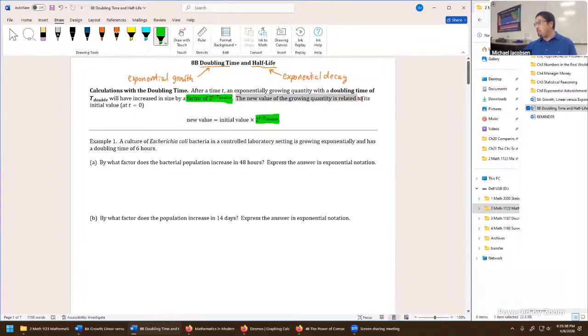And to find the new value, relating to the initial value at an initial time of 0, we just take the initial value, multiply it by that factor, 2 to the power of time divided by T double, and that will give us our new value.